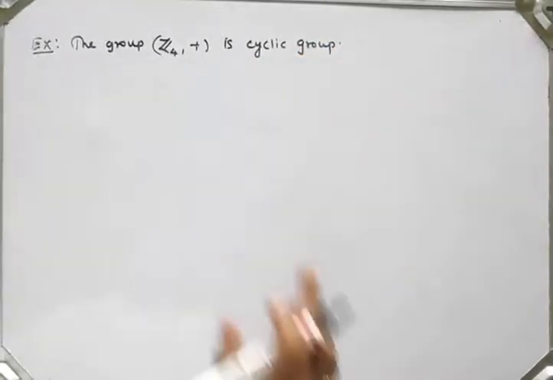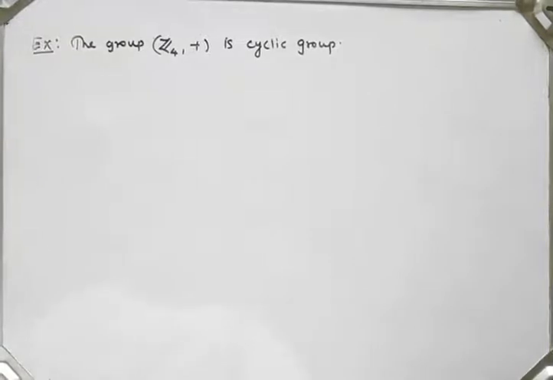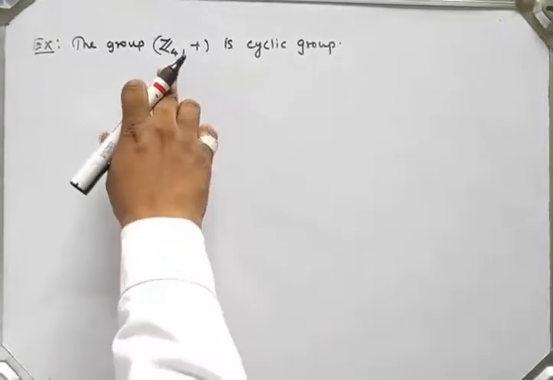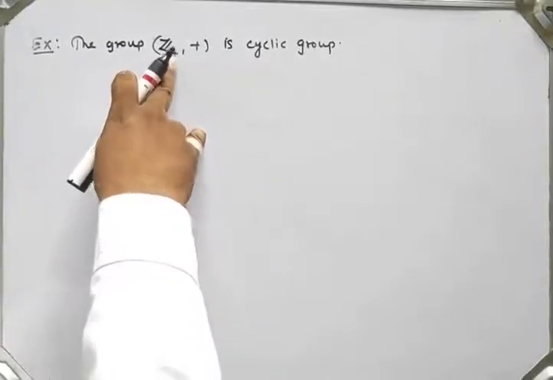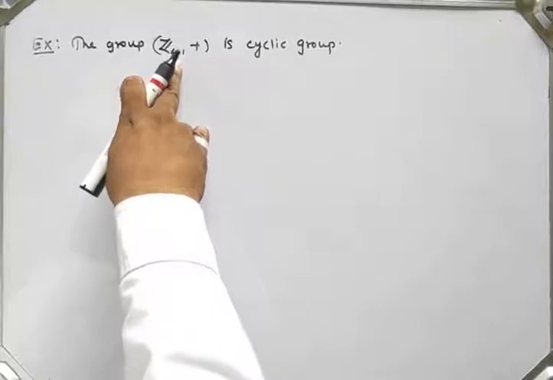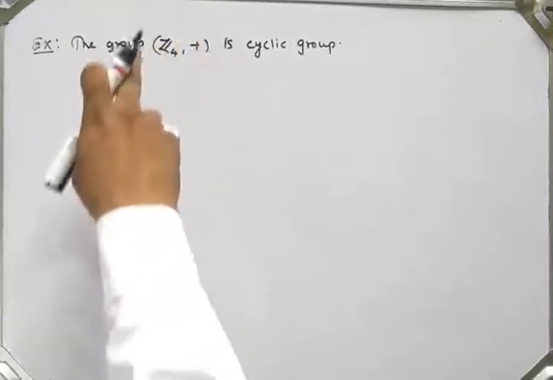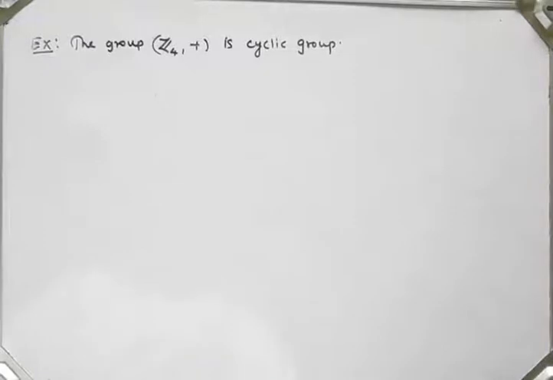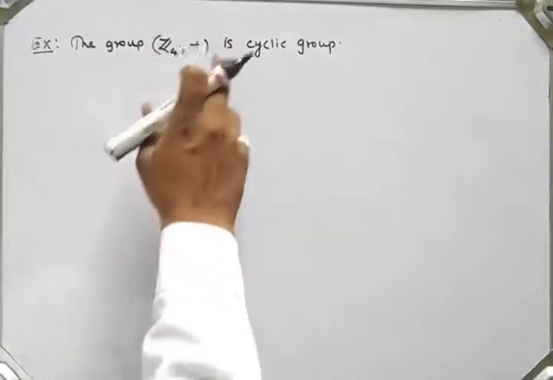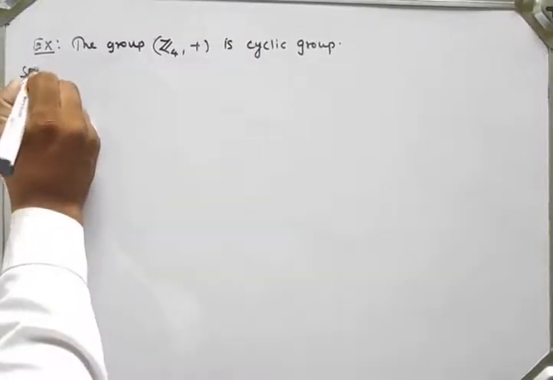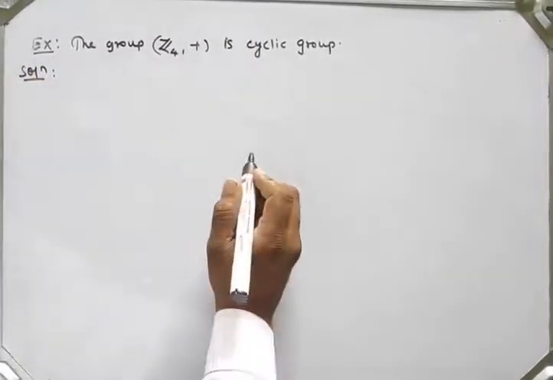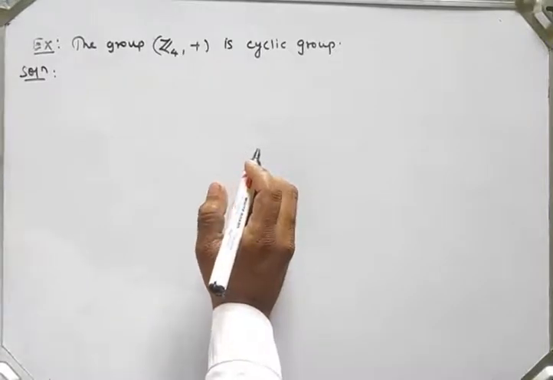The group Z4 under addition is a cyclic group if there exists an element in Z4 whose order is the same as the order of the group, meaning it generates all the elements in Z4. Then we say Z4 under addition is a cyclic group. So we have to find an element in Z4 which generates the whole group. Now let's see the solution: to show this is cyclic, the order of an element must be the same as the order of the group.